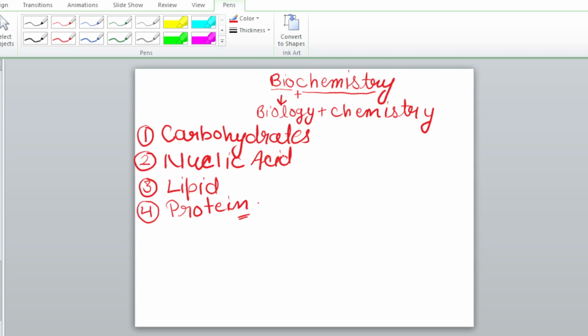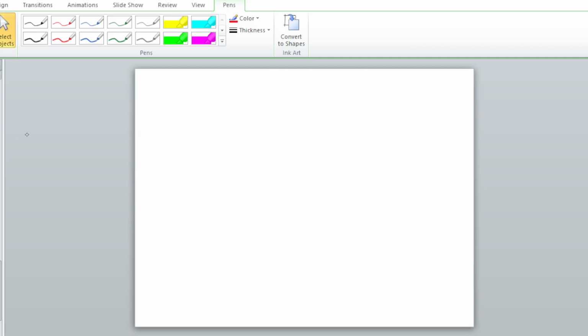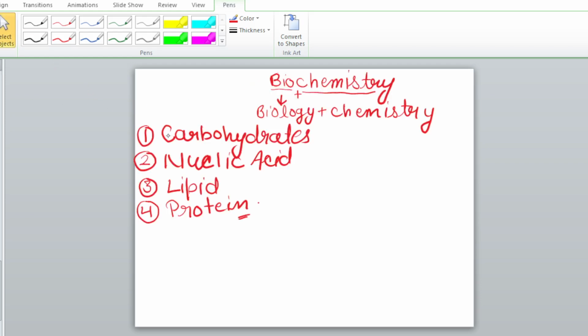On the basis of CSIR NET we will learn only those points which are important for examination purposes. Firstly we have to start with the chapter carbohydrate.